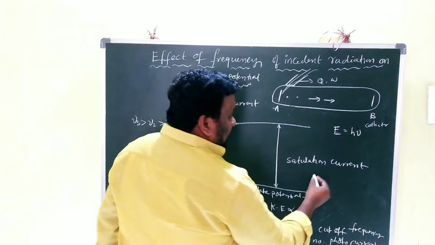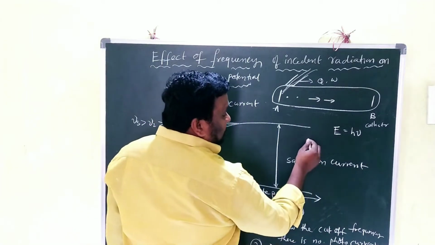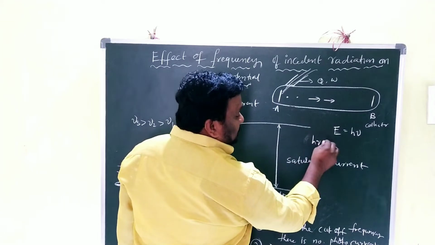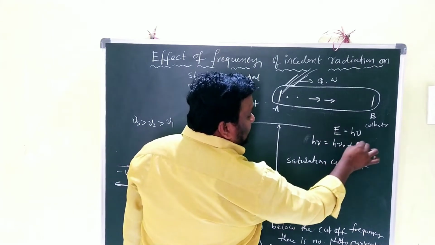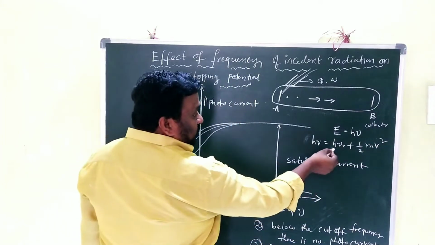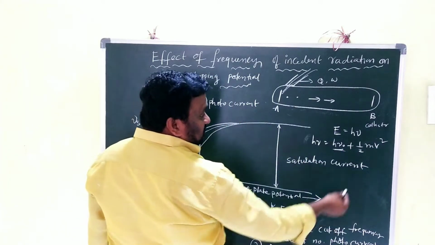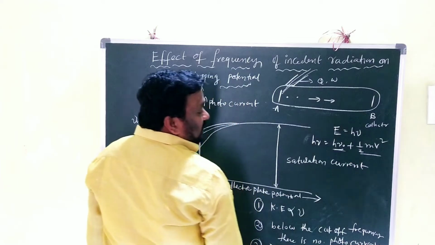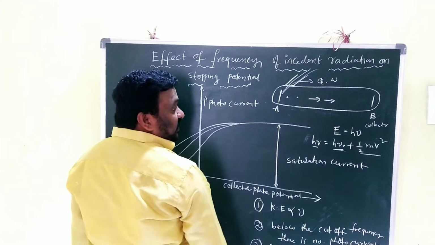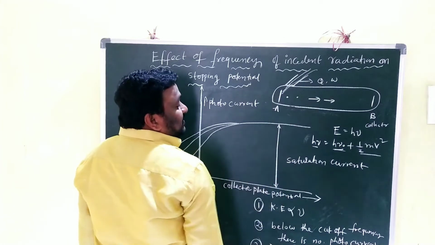According to Einstein's equation we discussed, the energy h nu is equal to h nu naught plus half m v square. Here h nu naught is what we call the work function, half m v square is the kinetic energy, and h nu is the amount of energy incident on the metal surface.